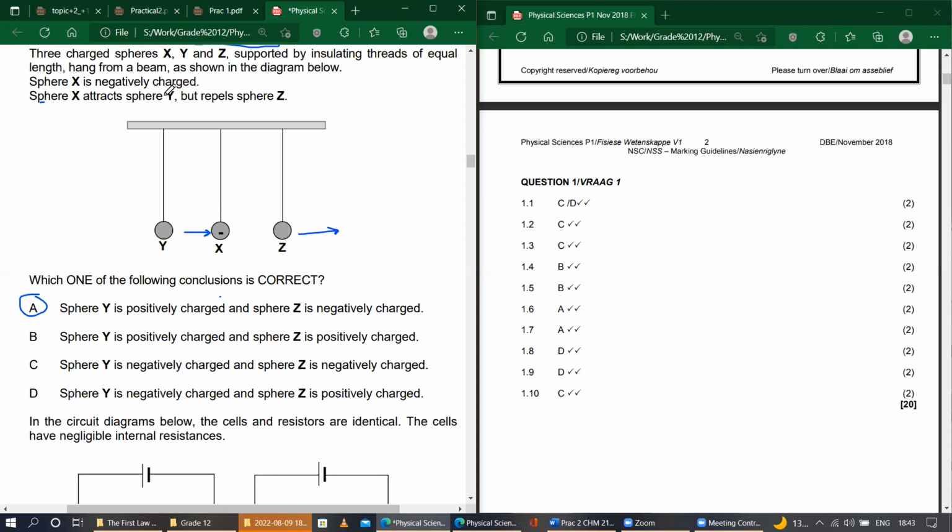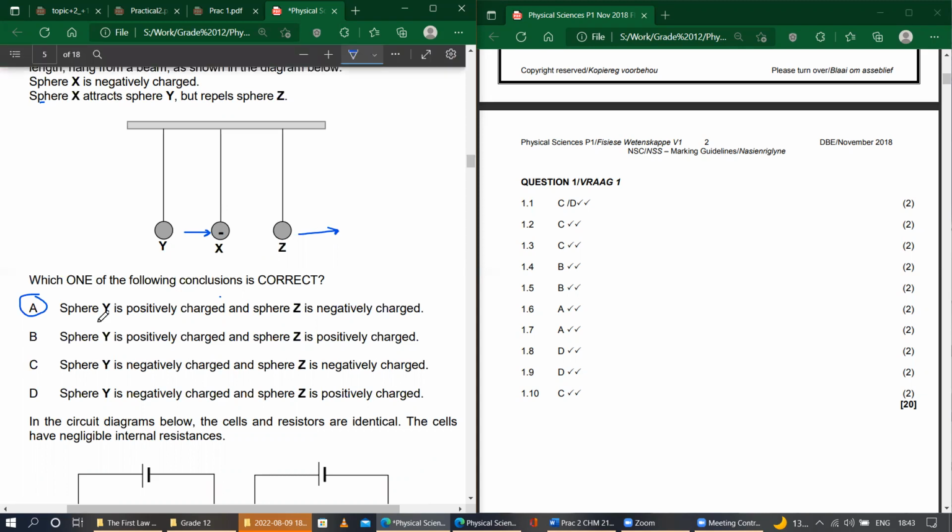So as X attracts Y and repels Z, we know that Y has to be positive because it's attracted to a negative, and Z has to be negative because it's repelled by a negative. So your answer was A, which is correct as well.